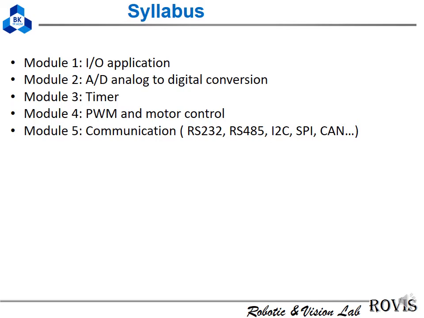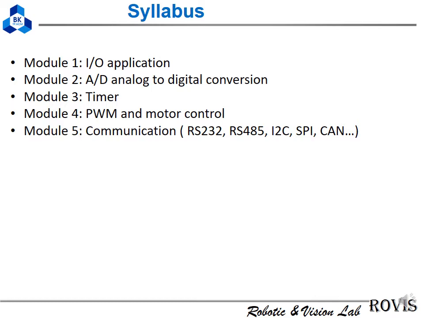And about the syllabus, our microcontroller class consists of about 5 modules. First is I/O, input and output applications. Module 2 is about analog to digital conversion. You are already familiar with module 2 from the previous course, something like electrical and electronic equipment for machinery, or autonomous technology.